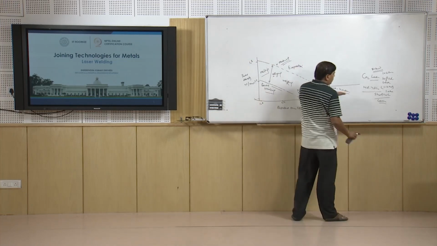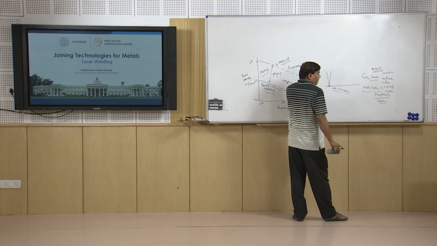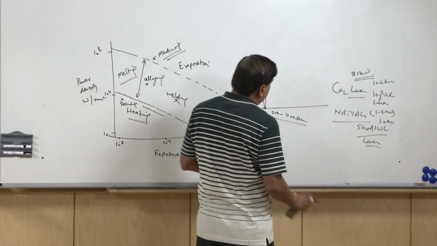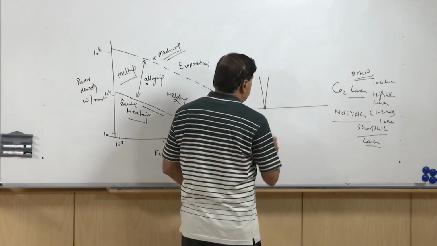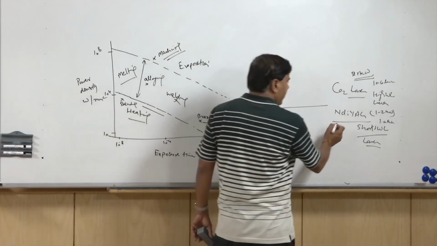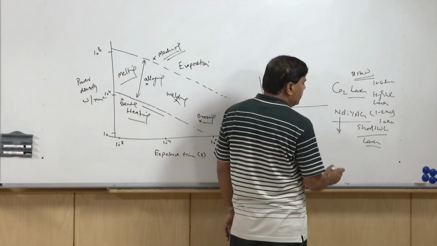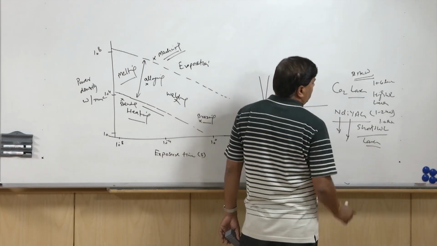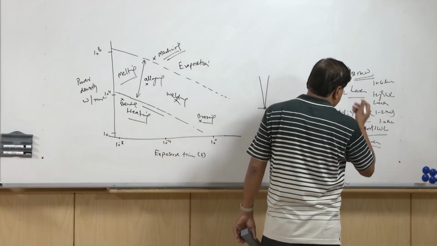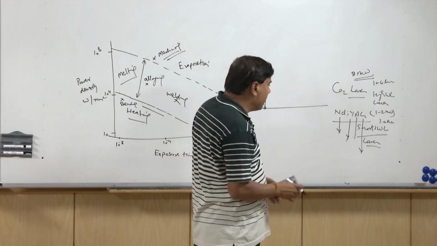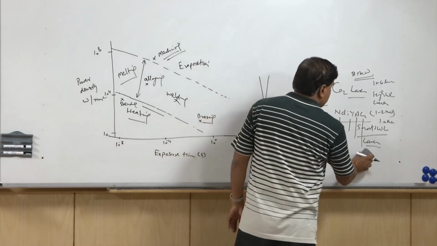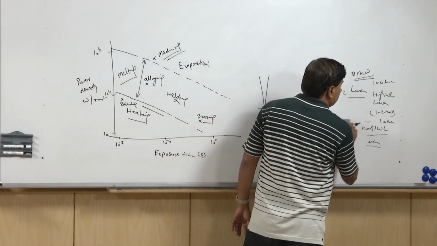So, say for a 1 kilowatt laser or 500 watt laser, focused over an area of say 200 micrometer, a typical value for the Nd-YAG laser, where Nd is neodymium, yttrium, aluminum, garnet. These are the abbreviation for the neodymium, yttrium, aluminum, garnet laser. This is one typical laser.